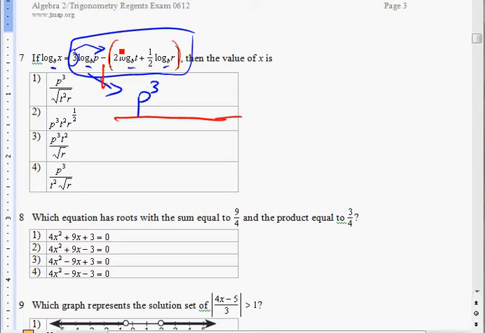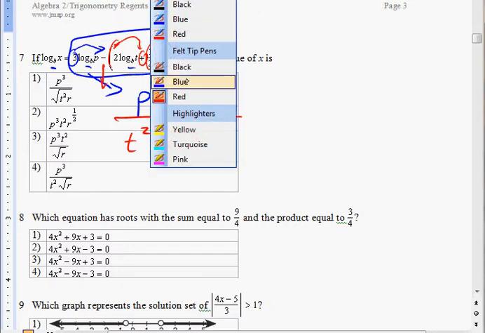Again, any number in the front, 2, is going to be the exponent of t, so it'll be t squared. A plus is going to become a multiplication, so it's t squared times, and 1/2 is going to be the exponent of r, so r to the 1/2. We're not quite finished yet.